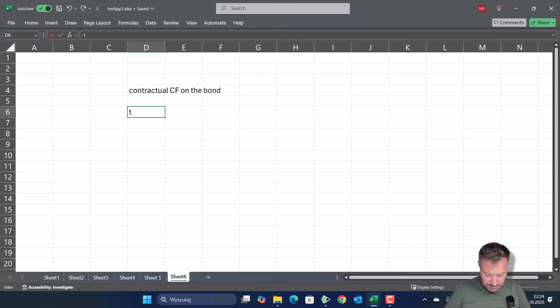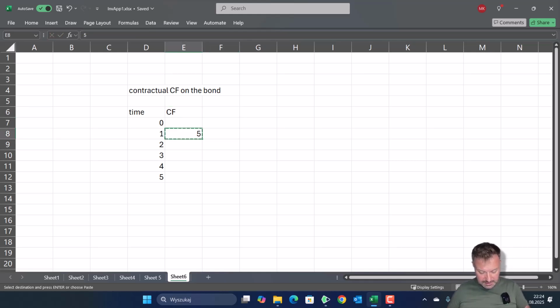Here I have time, from 0 to 5, 5 years. Here I have the cash flows: in year 1 it's going to be 5, then 5, then 5, then 5, and here 105.